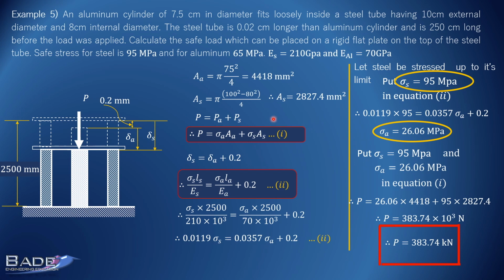Remember, when you put values of stresses in equation 1, those two values of stresses must satisfy this equation. That is why one by one you should put safe stresses in equation 2 to check that the stress in the other material is under limit. And if it is, then only you can use those values in equation 1 to get the safe load.